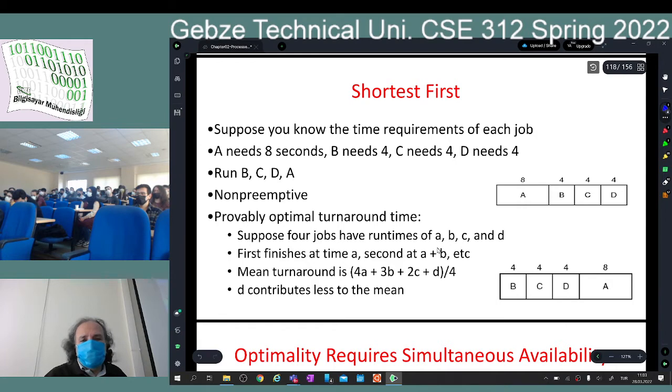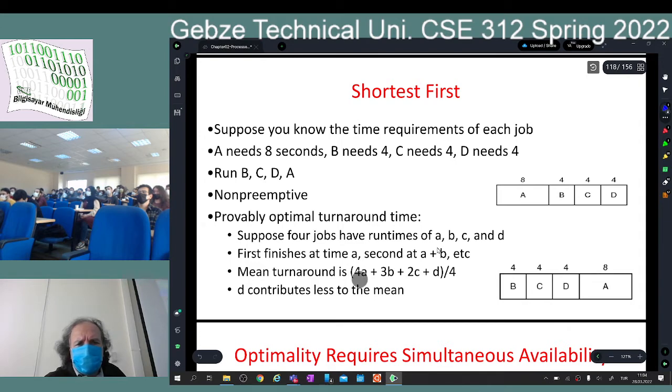So let's do the same thing. That will be the formula, right? If I do this, with A, B, C, D, that will be my turnaround time: 4A plus 3B plus 2C plus D, over 4. Why is this 4A?